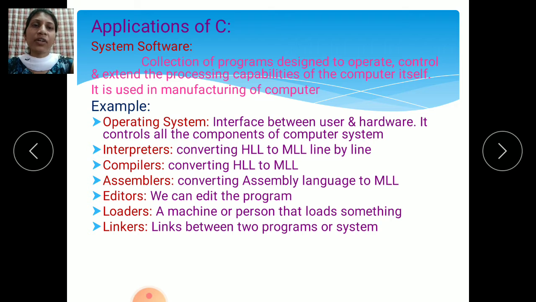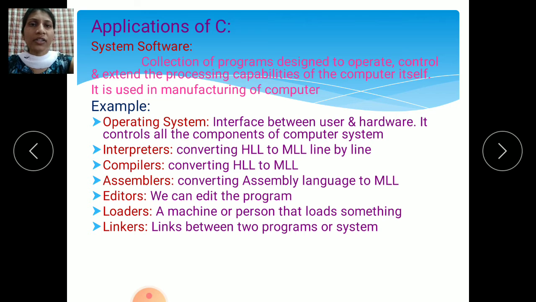Why does it convert the high level language into machine level language? Because the computer doesn't understand the high level language, meaning whatever English-like statements, alphabets or numbers you have used in your C programming code. The computer only understands binary formats, which means 0 and 1.